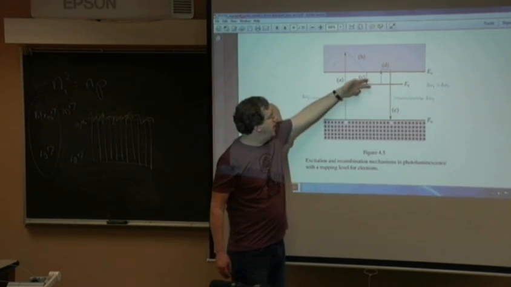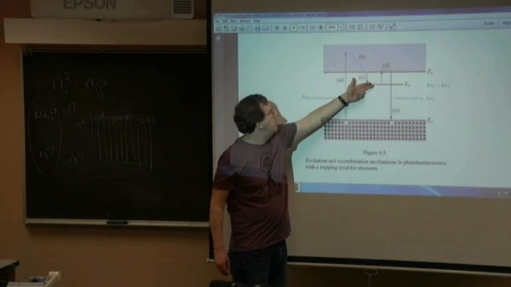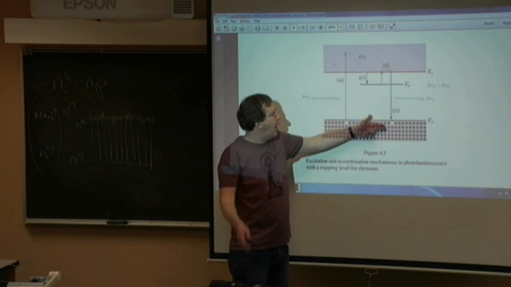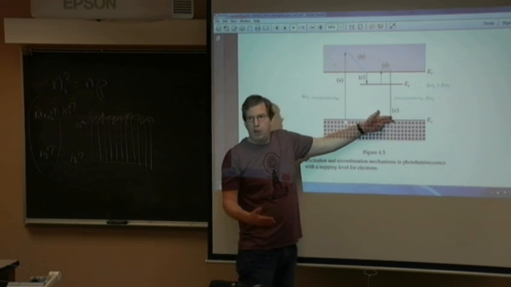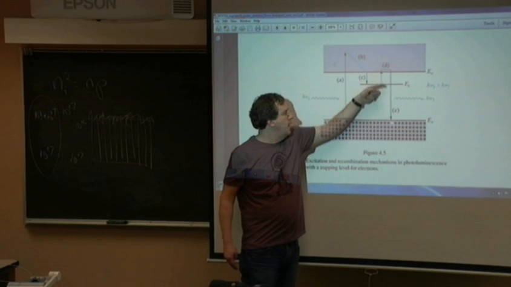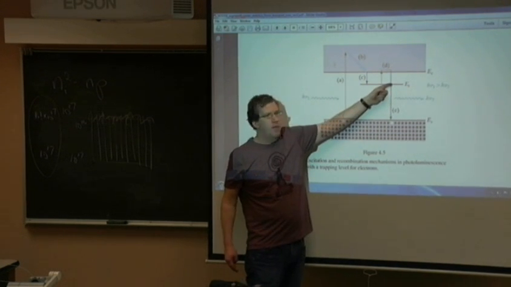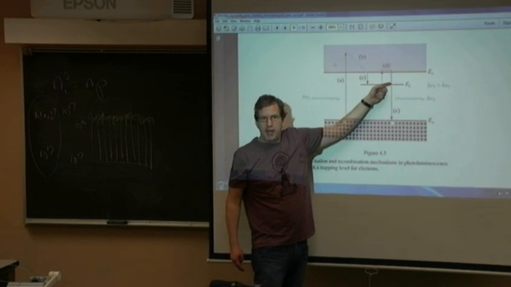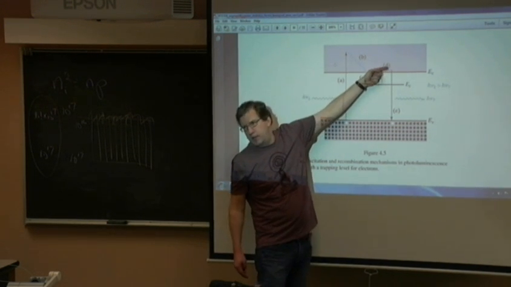And you can see how this becomes a stepping stone for carriers to go back and forth. Remember, I may not have Usain Bolt kind of kinetic energy to jump the forbidden bandgap. Maybe I'm only the bronze medal winner, and I can jump to here, I can take a little rest, and then I can jump the rest of the way.